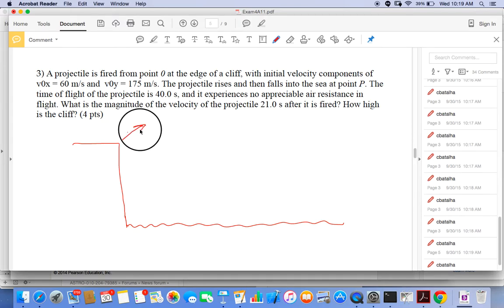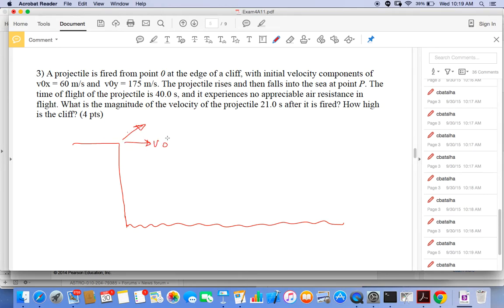So the projectile is launched with an angle of 30. Oh, I'm sorry, the angle is not given. There you go. The projectile is launched, and goodness, your projectile velocities are given.